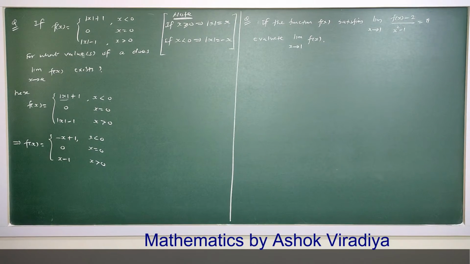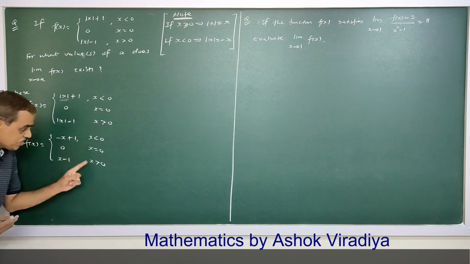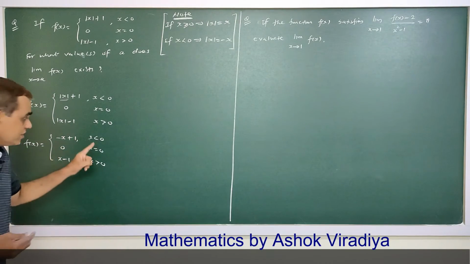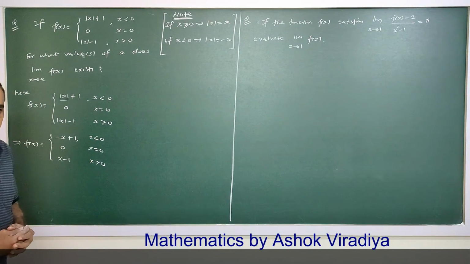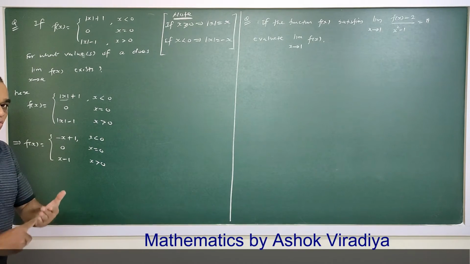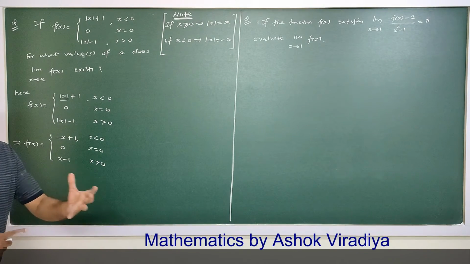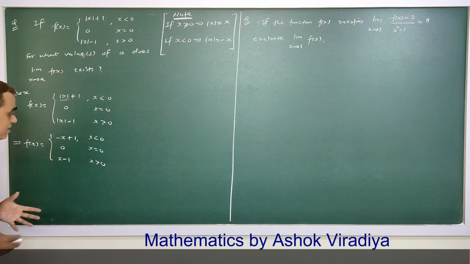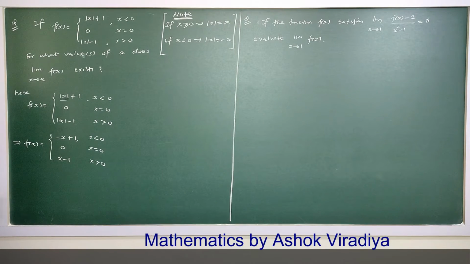Now, function is changing formula at 0. So always keep doubt at 0 where function changed its formula. So let us check limit at 0. So limit of f(x), x tends to 0 from left side.